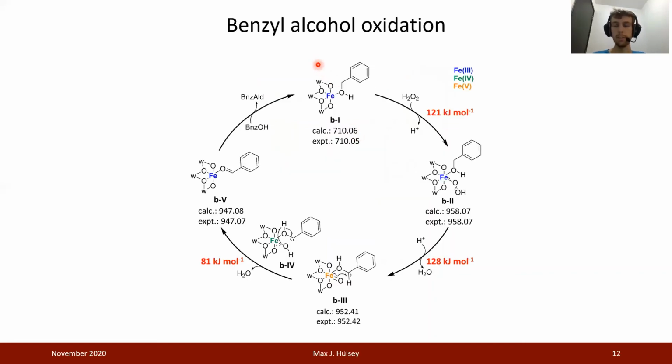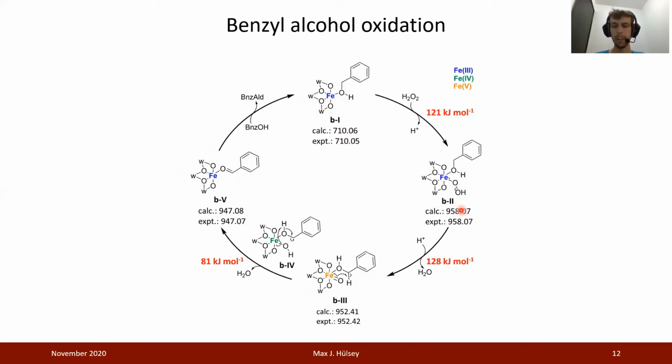Altogether, we can figure out the reaction mechanism for the benzyl alcohol oxidation on PW11O39 iron 1. Those data are completely obtained by ESI-MS, and we found that there is an iron hydroperoxo intermediate followed by the iron 5+ oxo species, which then can oxidize the benzyl alcohol to benzaldehyde, which then desorbs, benzyl alcohol adsorbs again onto the active site, and the reaction cycle is closed.